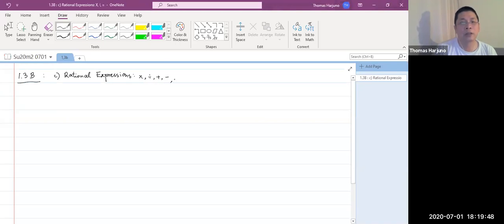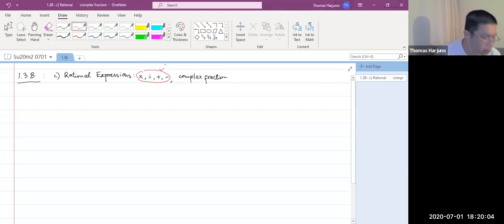Now we have an extra topic here in complex fractions. We will start with complex fractions.